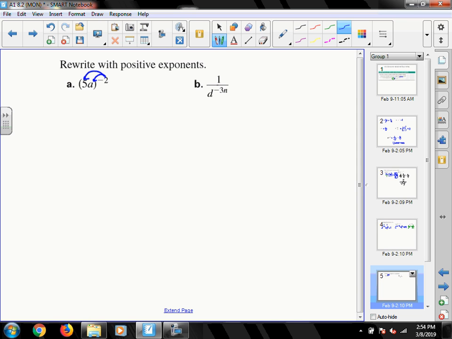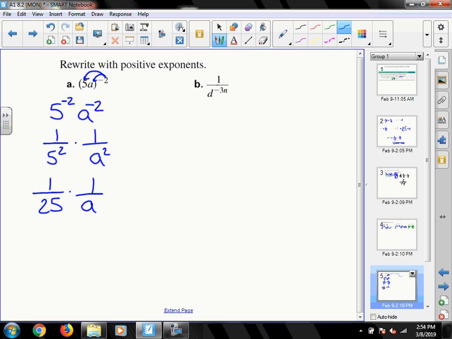And so I'm going to get 5 to the negative 2, a to the negative 2. 5 to the negative 2 is 1 over 5 squared. A to the negative 2 turns into 1 over a squared. So I get 1 over 25 times 1 over a squared, which you can simplify to 1 over 25 a squared.